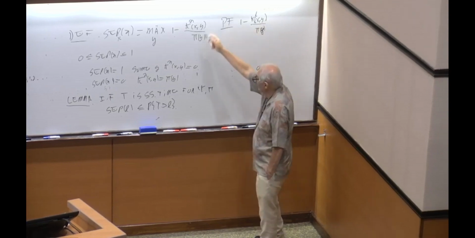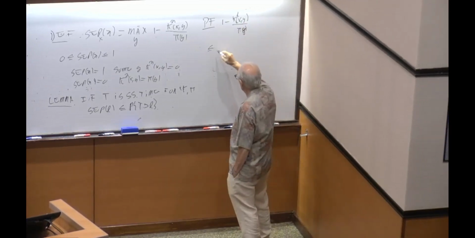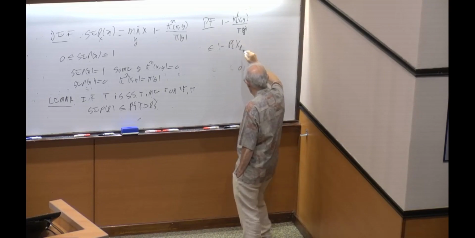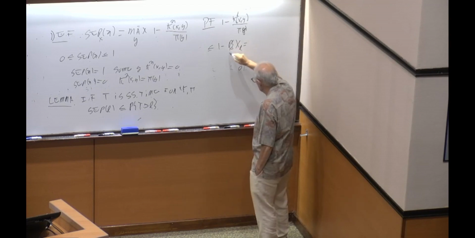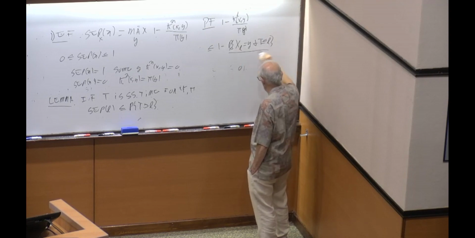Right, that's the thing I've got to get my hands on. Well, that's less than or equal to 1 minus the probability that after L steps, given that it started at x, the process is equal to y and that T happened before time L, over pi of y.